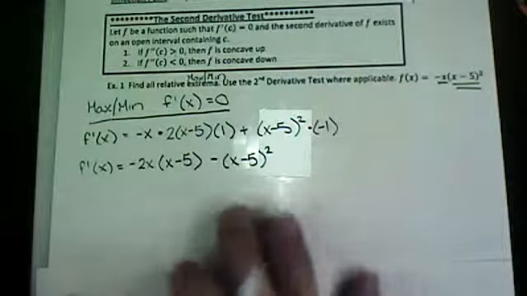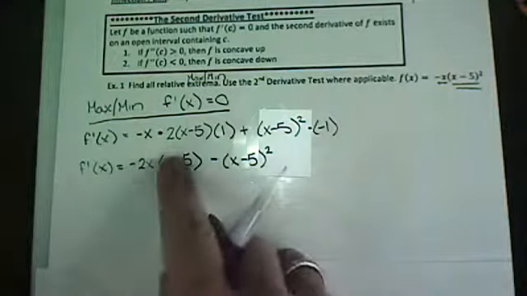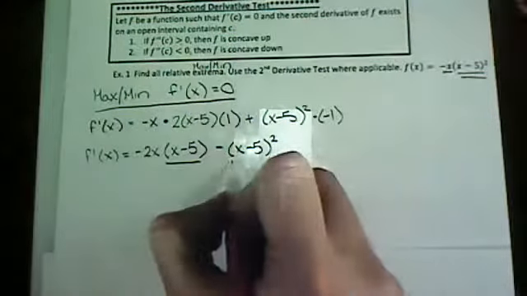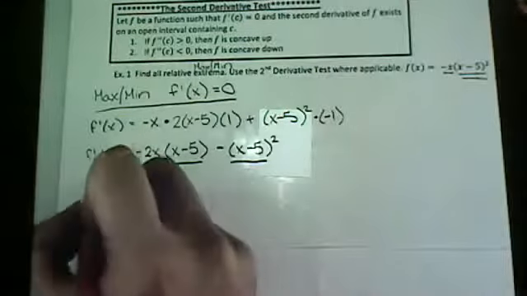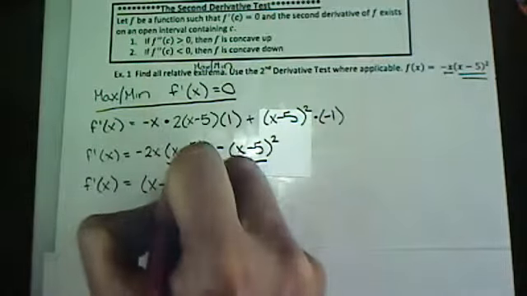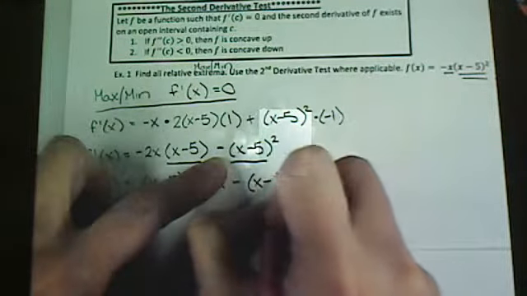I'm going to clean this up a little bit more because I know if I set this equal to 0, I'm probably going to have to wind up foiling and all that fun stuff. So I'm going to clean it up more. Note, there are two terms. Both terms have an x minus 5. So I am going to factor out 1 x minus 5. And then I'm going to leave behind this negative 2x minus one of these x minus 5s.